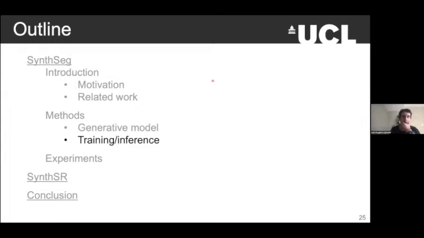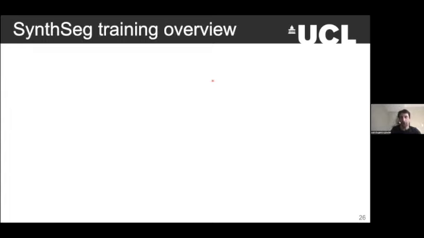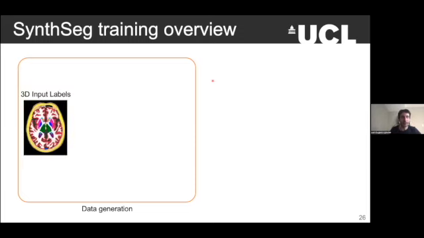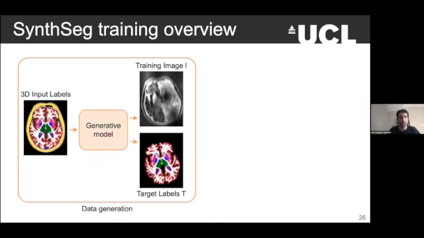So the training part, I'm not going to go too deep into this. I don't find this particularly exciting. If you want to train this with a more sophisticated architecture, I'm glad to help you guys if anybody's interested. But we use a very standard 3D U-Net. So we start from 3D input labels, like I said. At every mini batch, you sample your image and the segmentation from your generative model, as you saw.